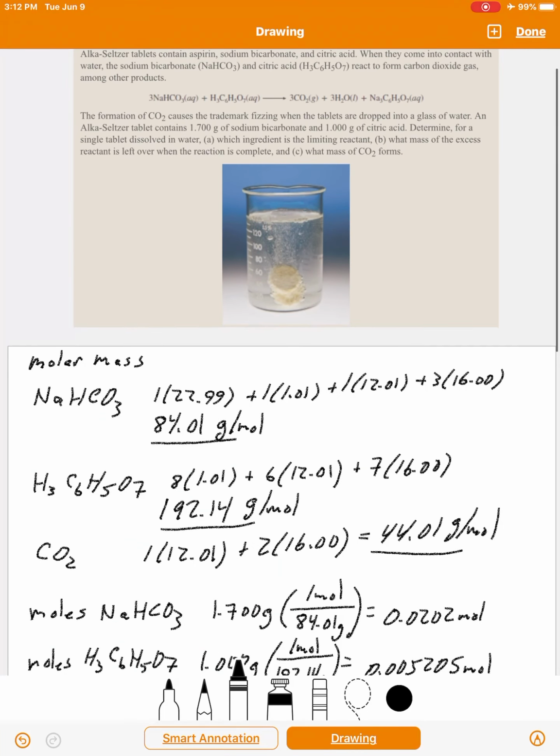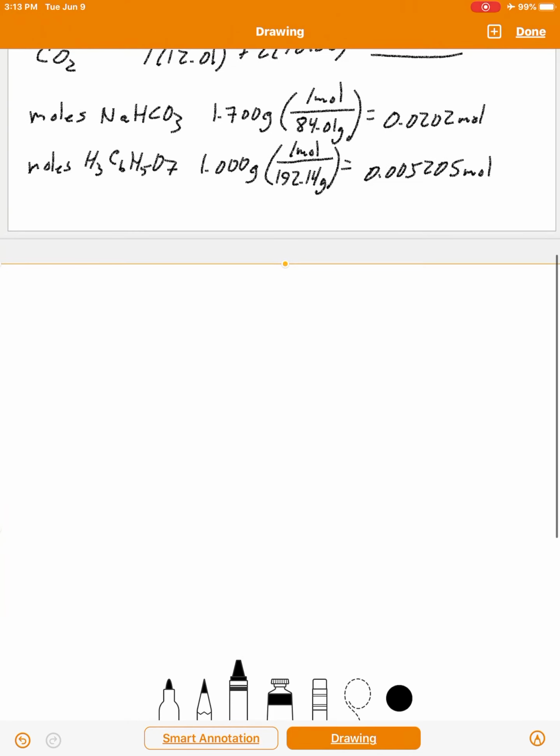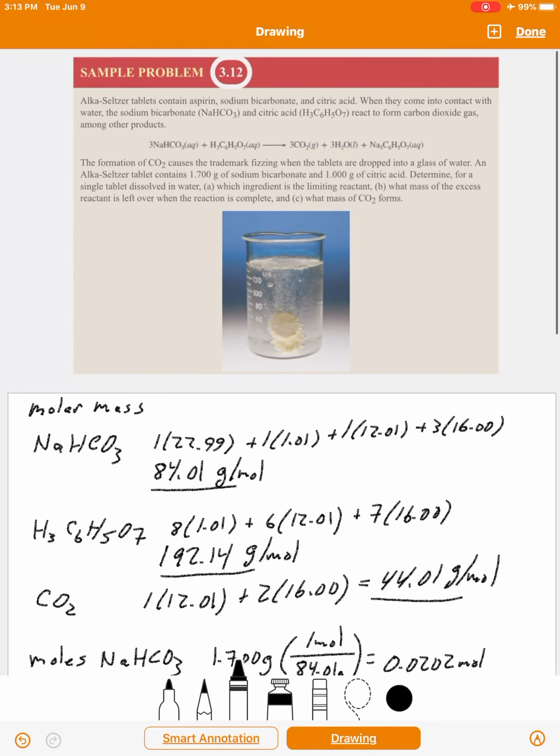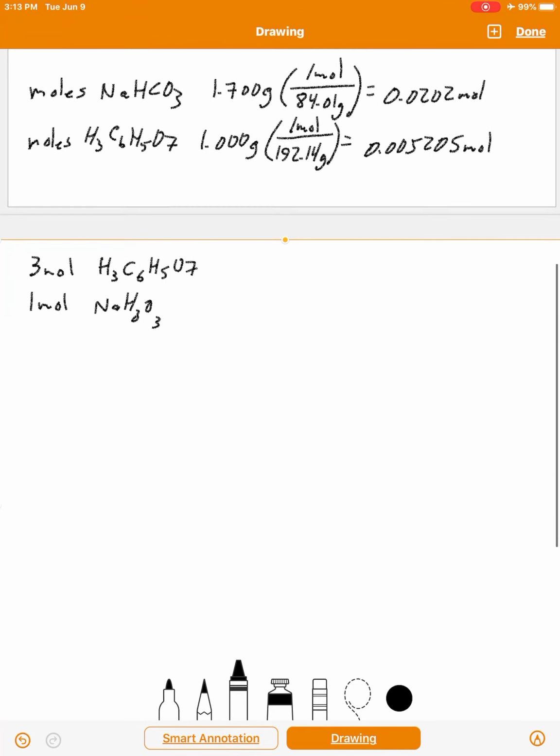So it's 3 to 1 to 3. It's 3 moles of citric acid for every 1 mole sodium bicarbonate. Oops, did I get that wrong? It's the other way around. It's 1 mole of citric acid for every 3 moles of sodium bicarbonate.